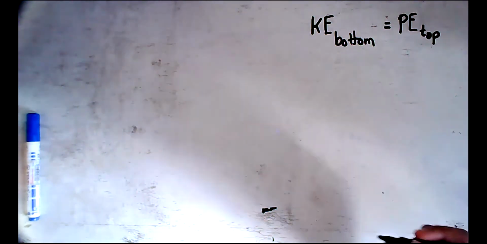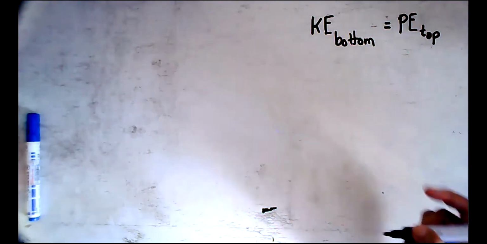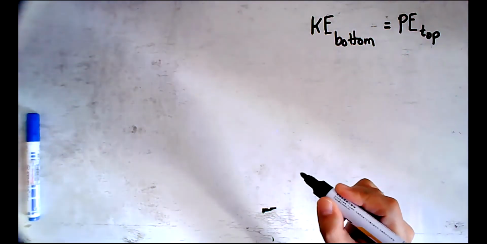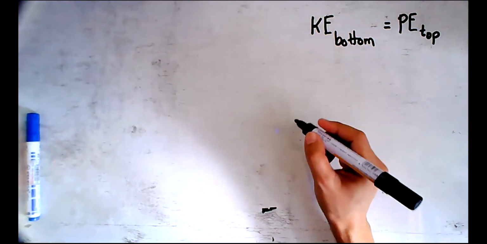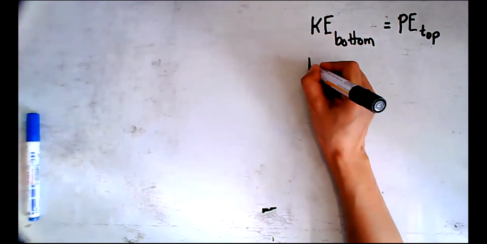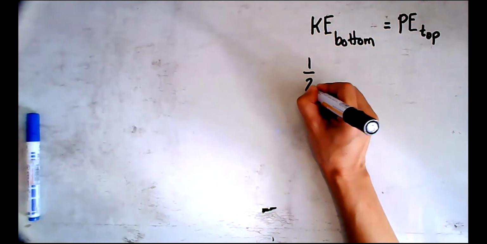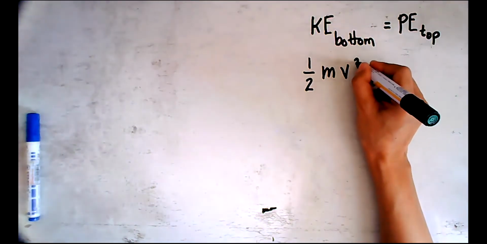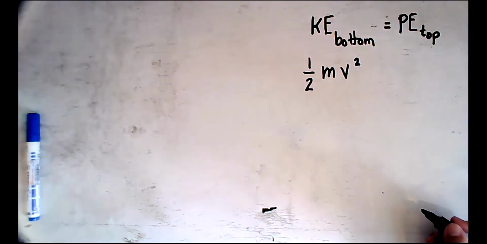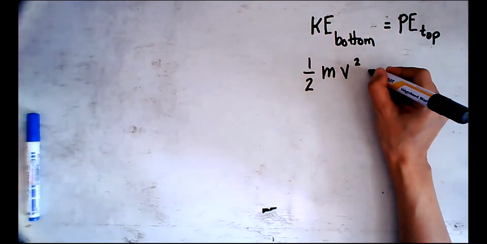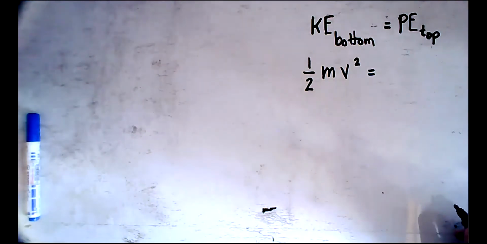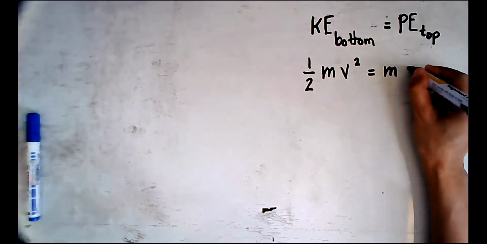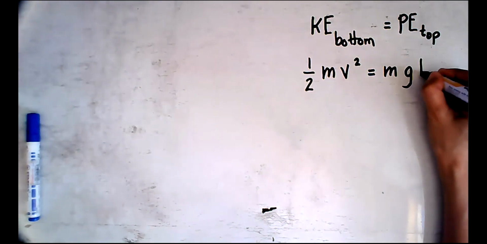The kinetic energy should be equal to the potential energy. Take note that the formula for kinetic energy is equal to 1/2 mv squared, and that should be equal to the potential energy, which has a formula of m times g times h.